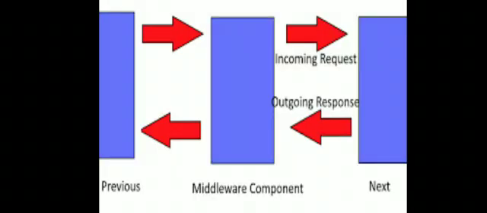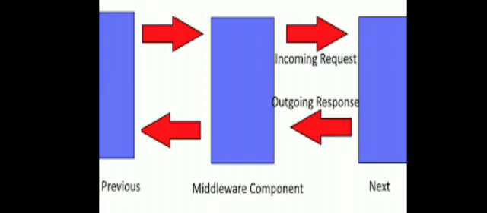Middleware is a central component. We send a request, and the output to the request comes back by way of the middleware components. The incoming is sent through middleware and the outgoing is also sent through the middleware.